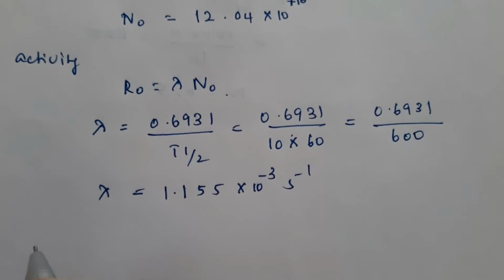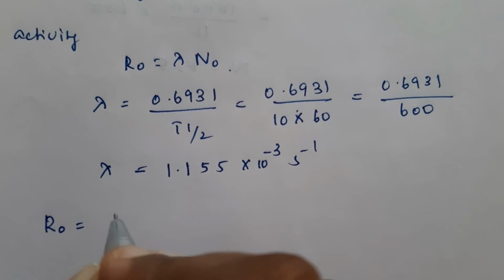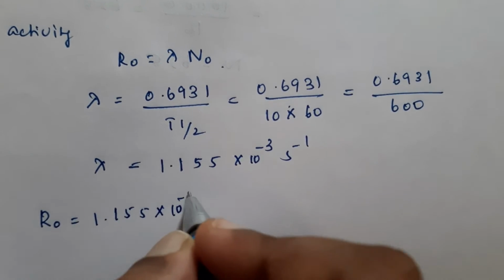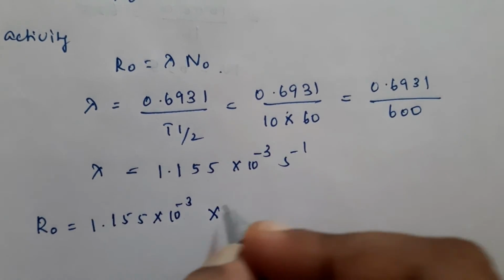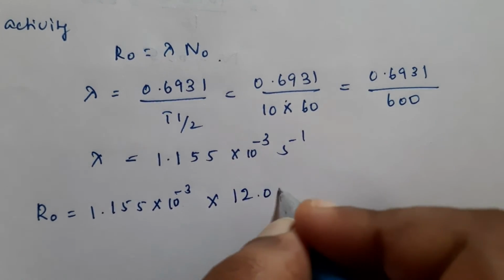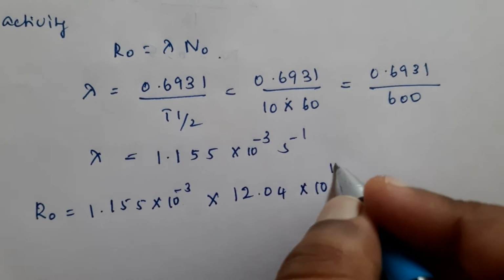Now we will substitute here. R0 is equal to the lambda value 1.155 into 10 raised to minus 3 into the N0 value 12.04 into 10 raised to 16.